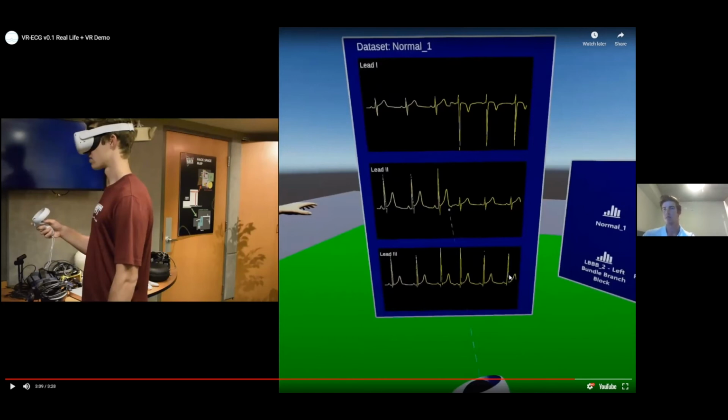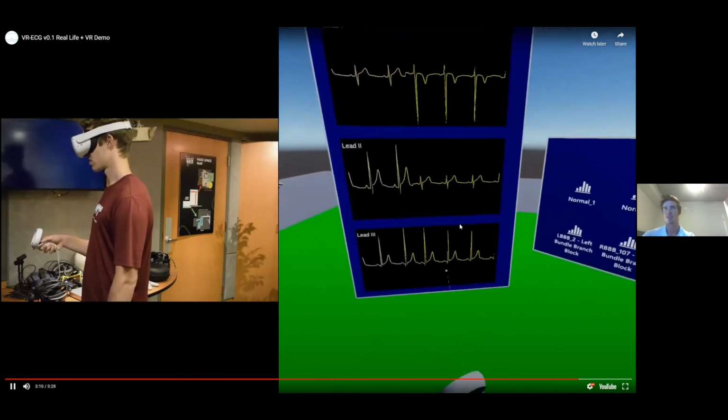As you can see, lead 3 stayed the same, that graph still looks the same, but lead 1 and lead 2 have inverted in which way the peaks are pointing. So you can see how the program is actually creating the graphs based on my placement of the leads and how that changes.